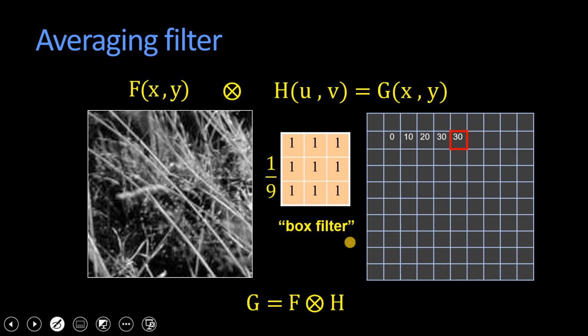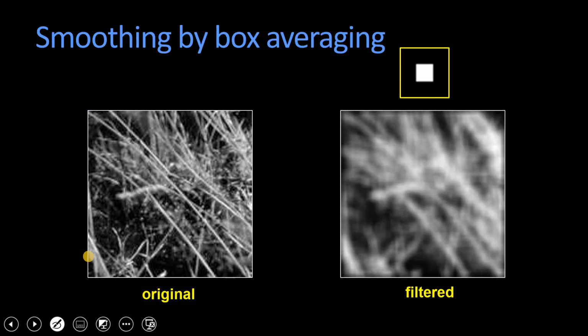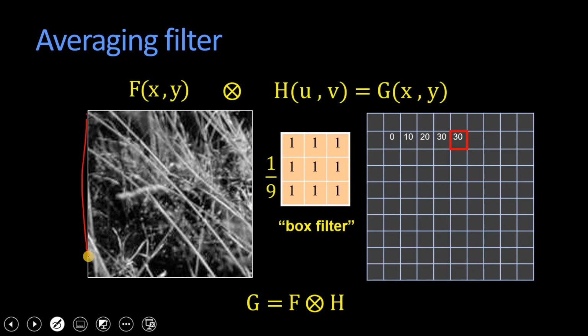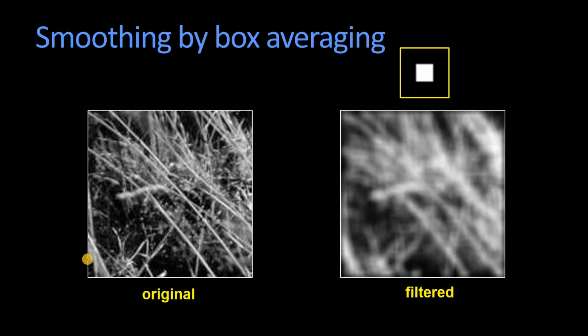You see over here, there is an image. When I apply the box filter on this image, it will change the values. One effect of filtering is that it will smooth the image. It will remove all the noise, all black dots, all white dots.